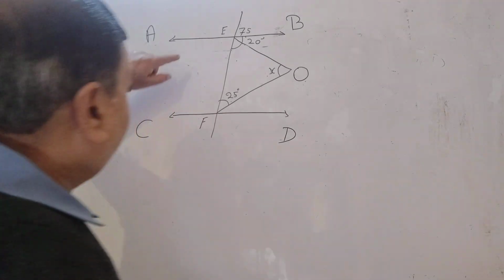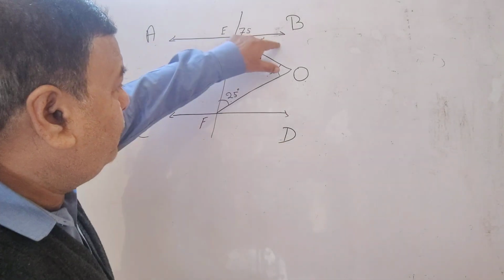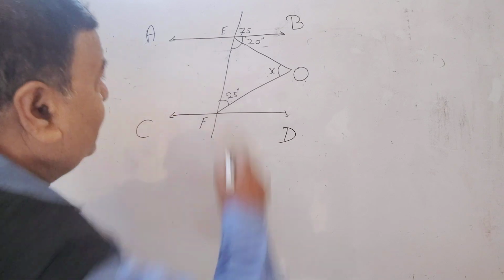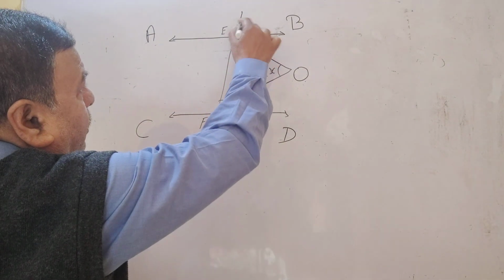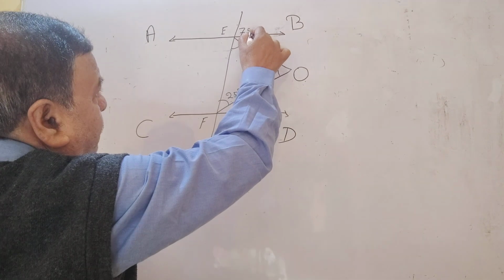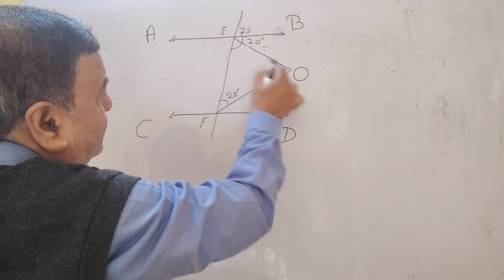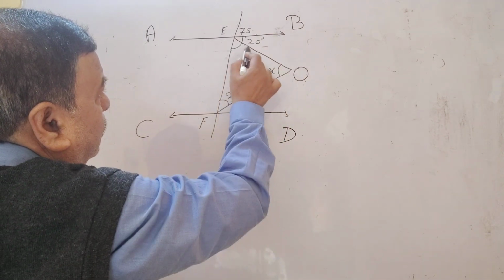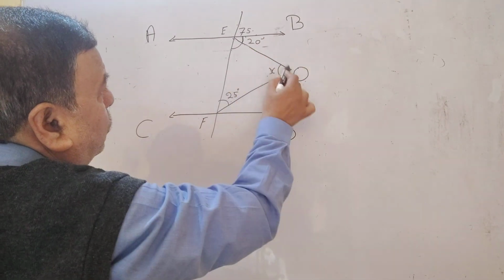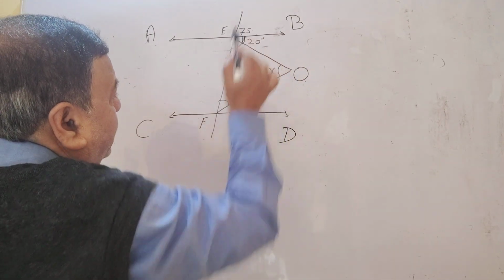Now this is the next sum. AB is parallel to CD. It is given. Now this angle, upper side, this angle is 75. And this is a triangle which is drawn. This angle is, that is BEO. This small angle is 20.